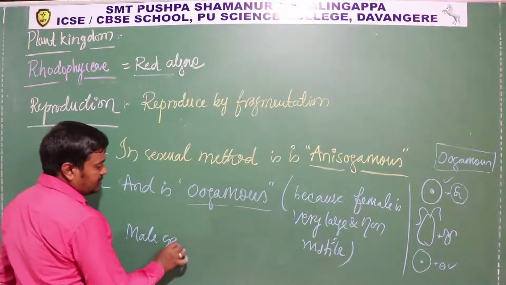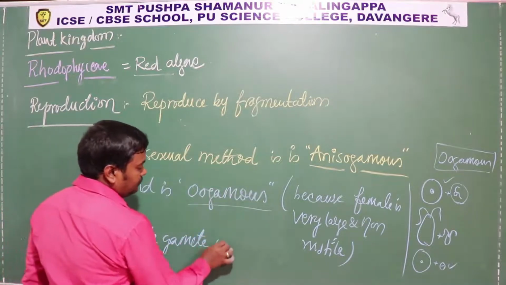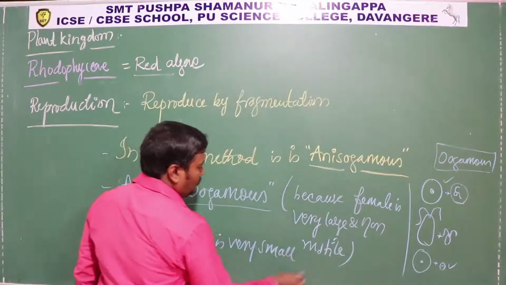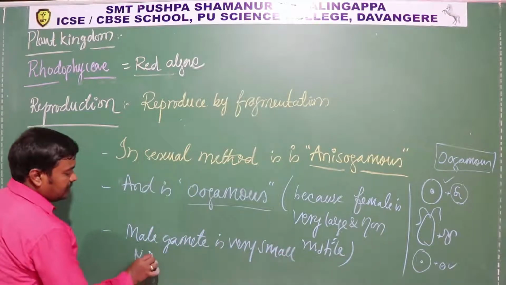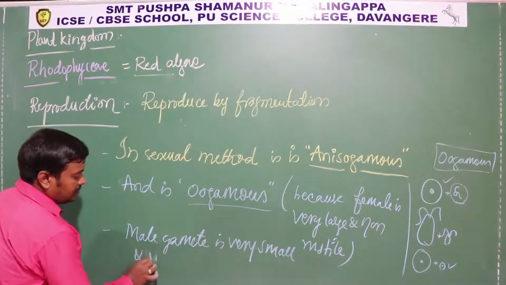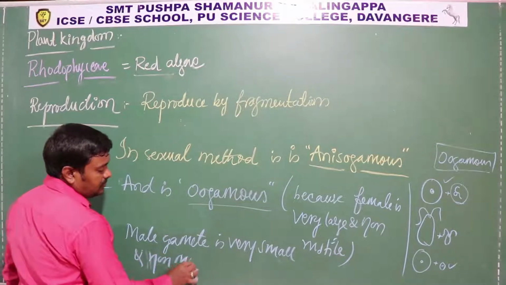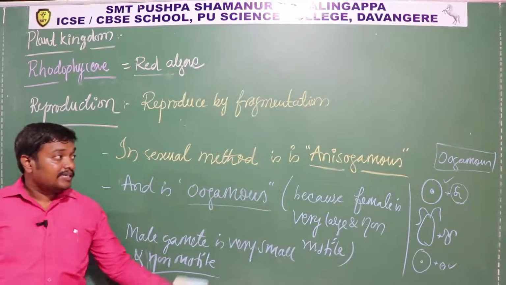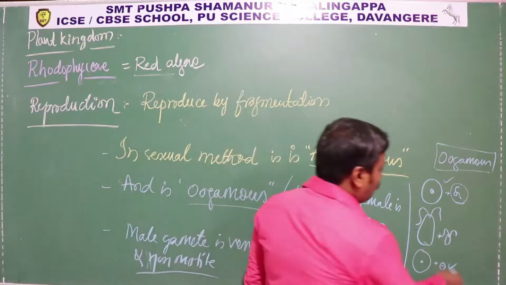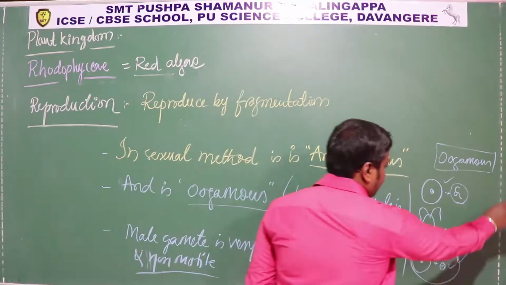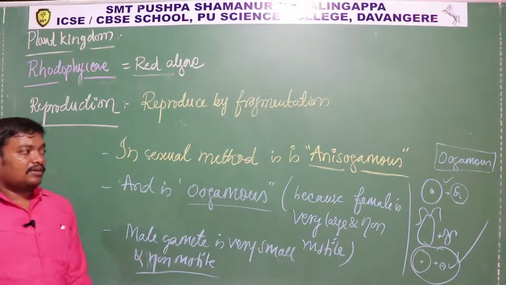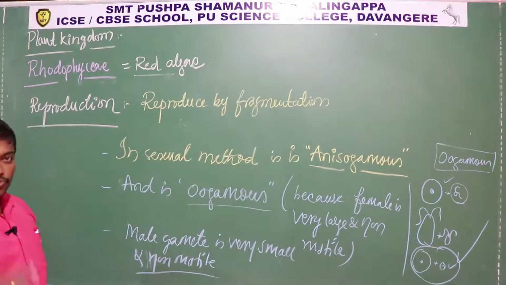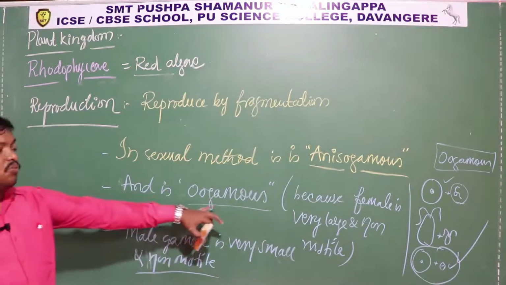The male gamete is very small and non-motile. Okay, so remember this kind of oogamous takes place. Both are non-motile, but the female is very large and the male is small. So that is the oogamous type.